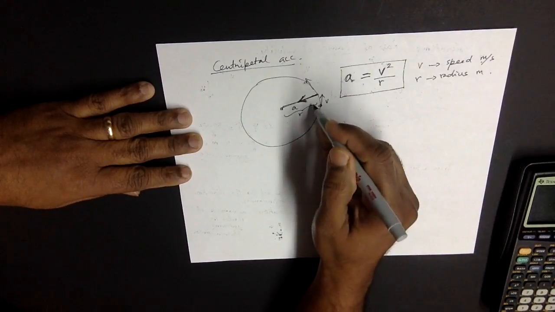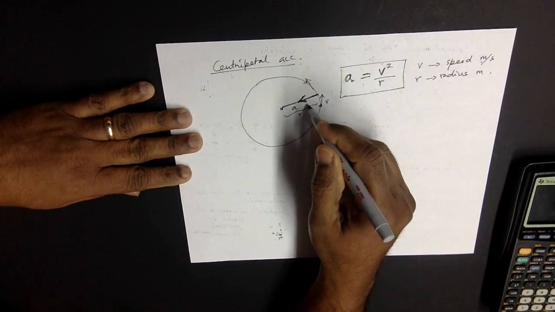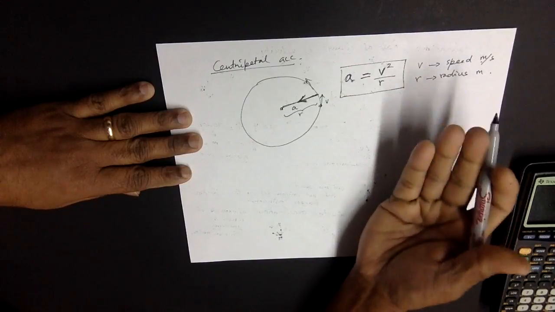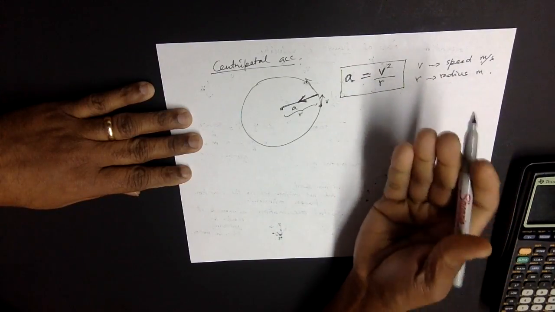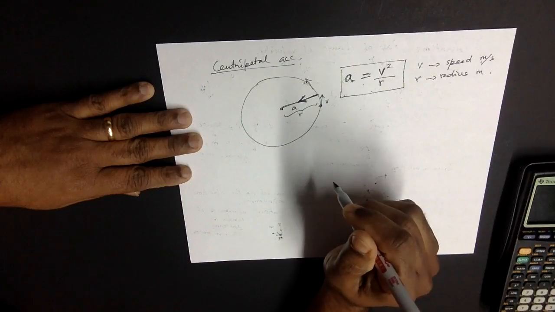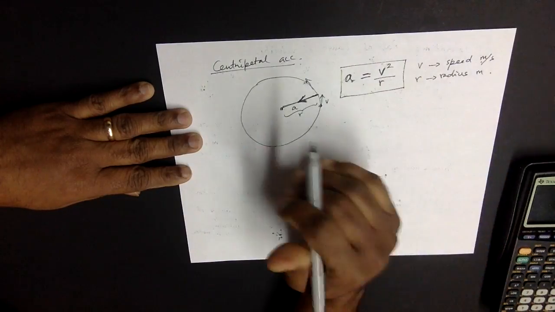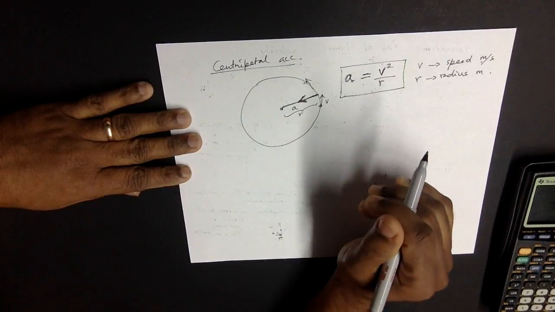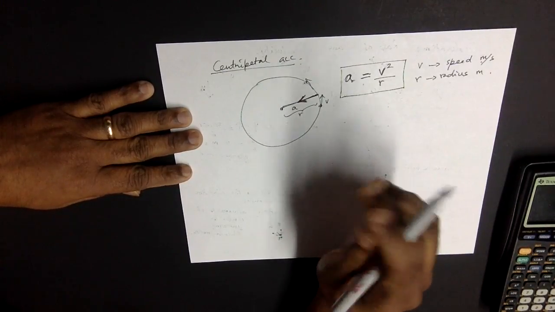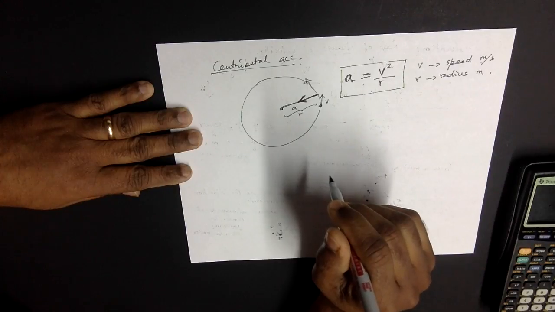So friction is a very important element between the tires and the road to provide the centripetal acceleration whenever you want to take a turn. Or even for that matter, when you walk around a curve, you need the friction, the grip on the ground in order to make that turn possible.